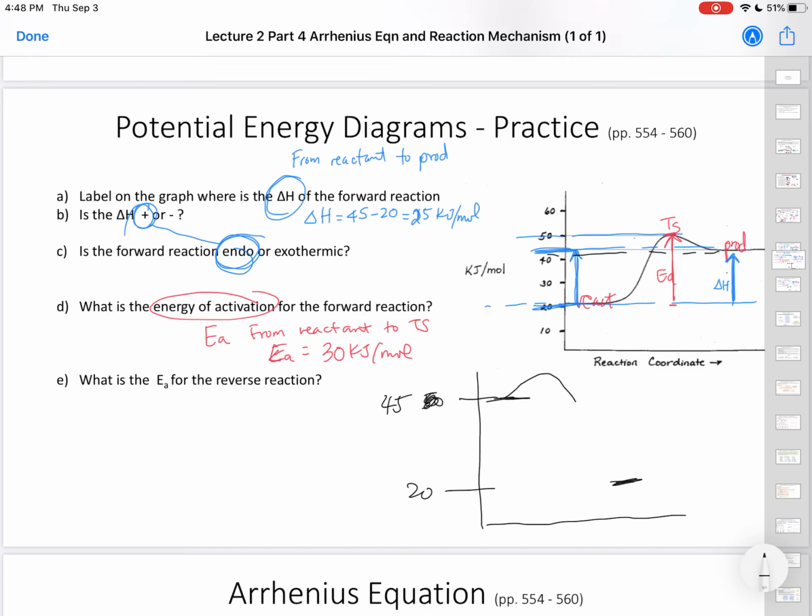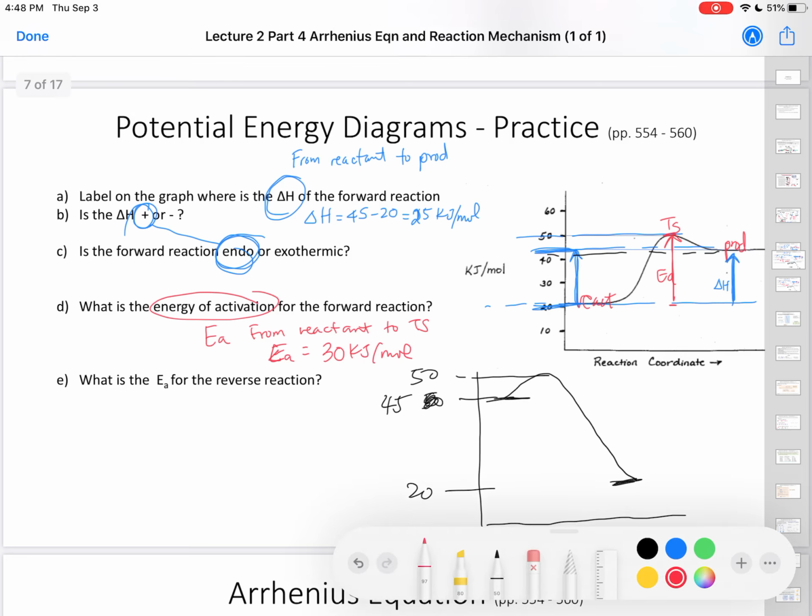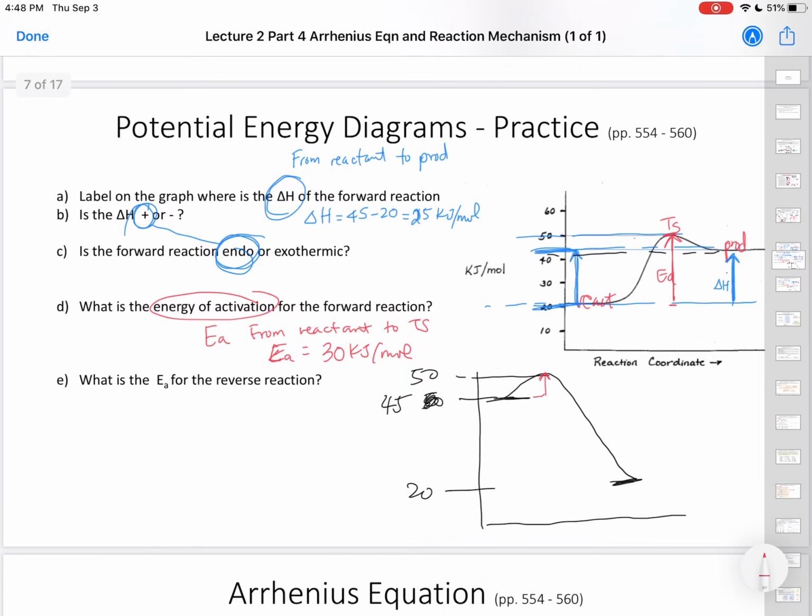Okay, and you're just going to draw up and down. Okay, and so this transition state hits at 50, just like up here. Okay, so very quickly, what is the energy of activation? It's going to be from the starting material to the transition state. So it is going to be 5.